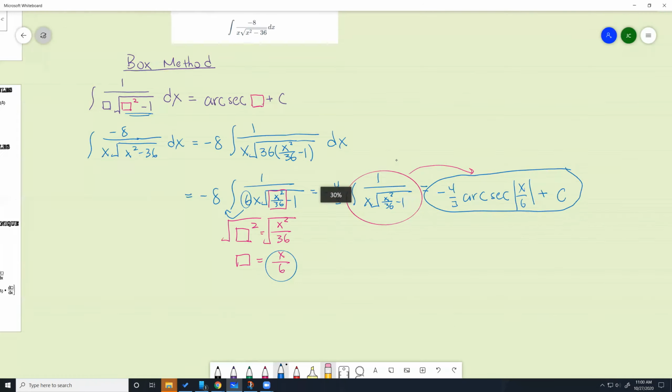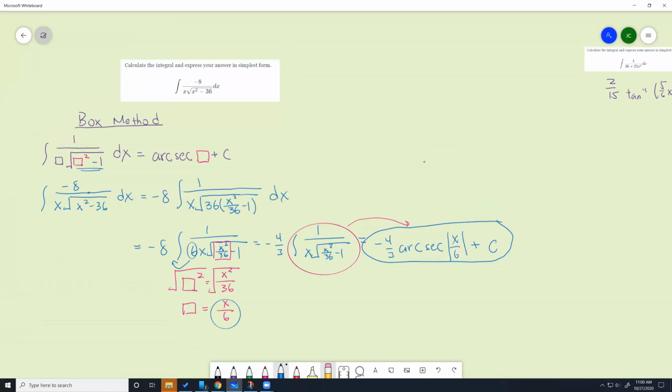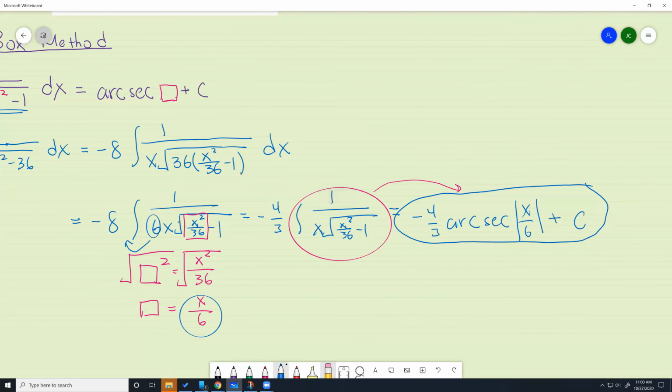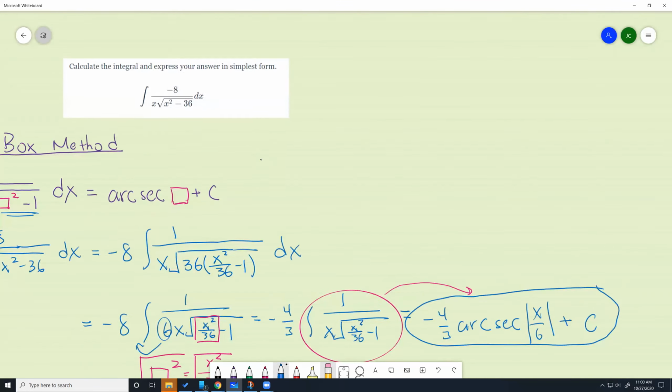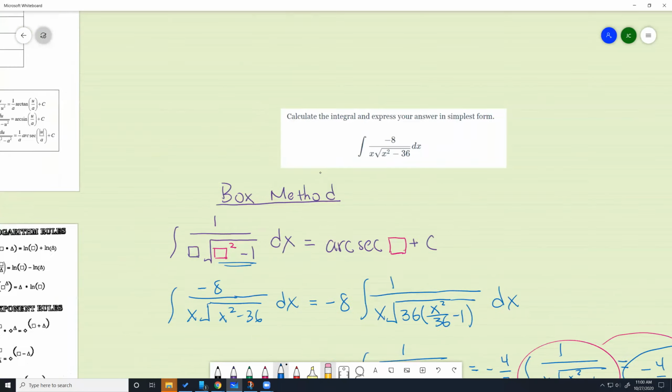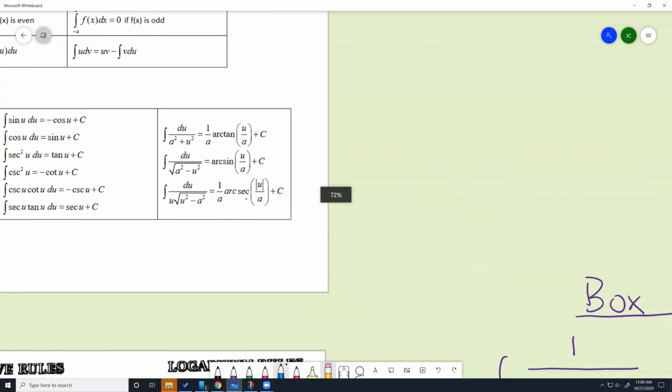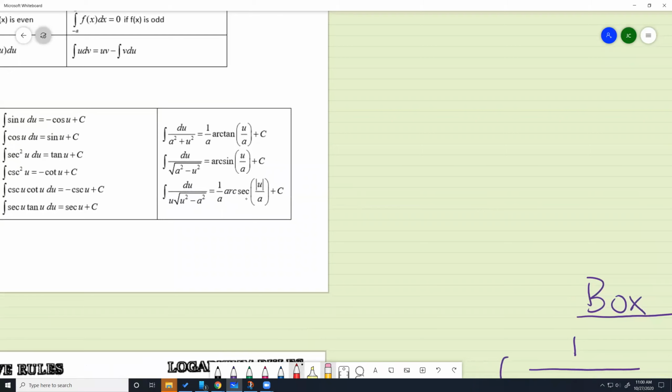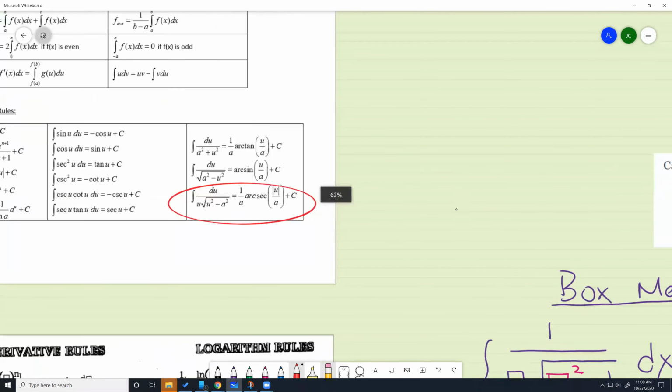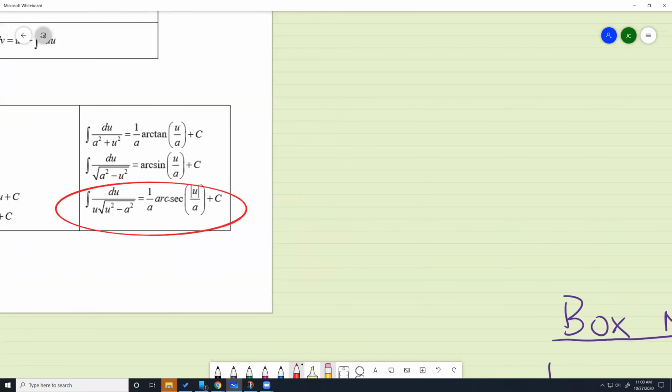Let me show you a second way that you might think is easier, so we don't have to do this step. What we'll take is a different integral equation or pattern, and it will be this one. In this case, you might not even need to rewrite at all. All you have to do is find what u and a are going to be. Let u equal x.